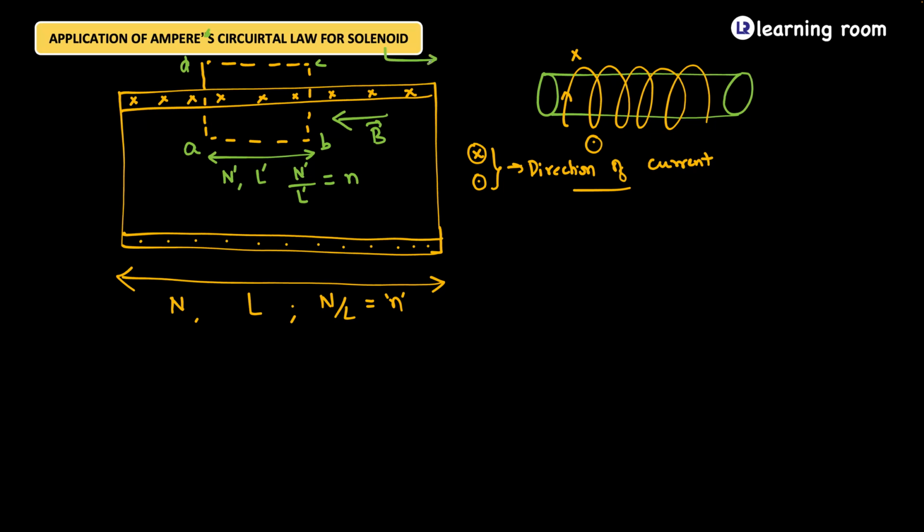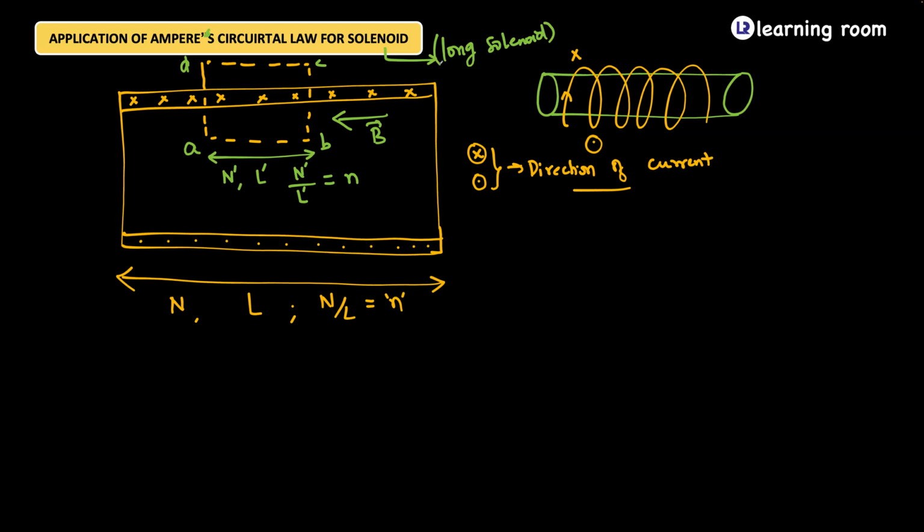But one point you need to consider here is that the solenoid we consider in physics is a long solenoid. When I say long solenoid, the length of that solenoid is very large compared to its thickness. By default in physics, whenever they say solenoid, they are referring only to a long solenoid.